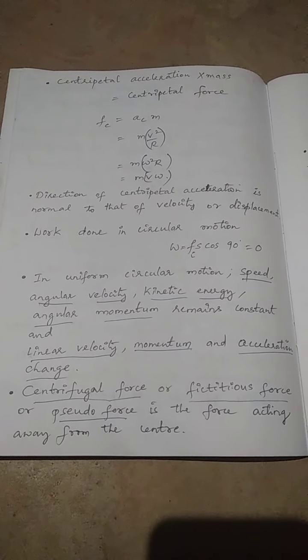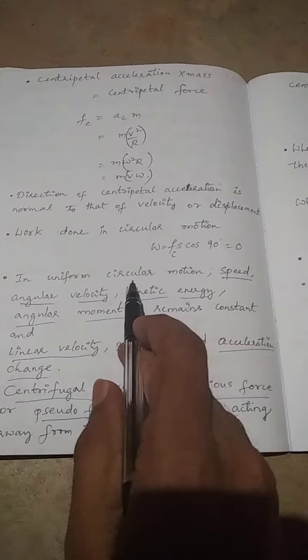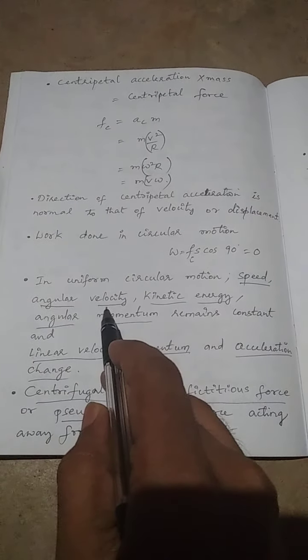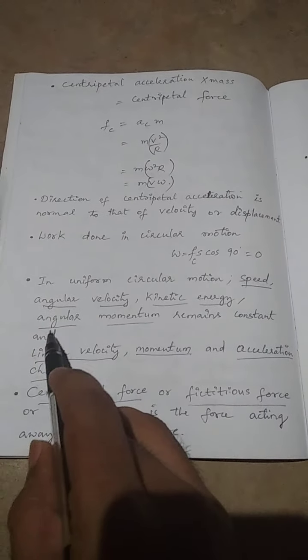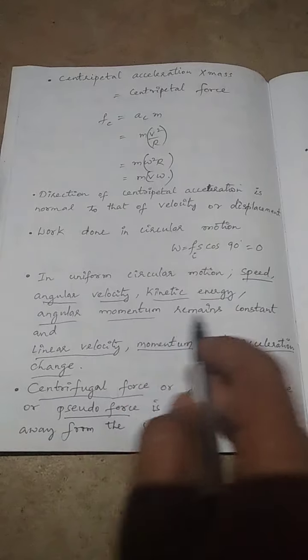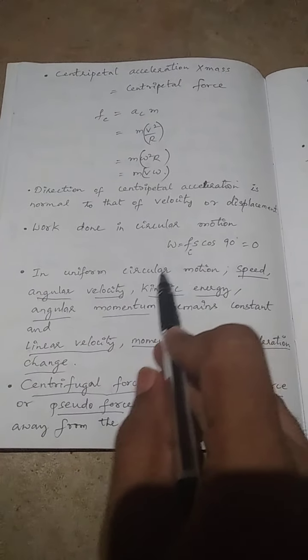That is, in uniform circular motion, speed, angular velocity, kinetic energy, and angular momentum remain constant.